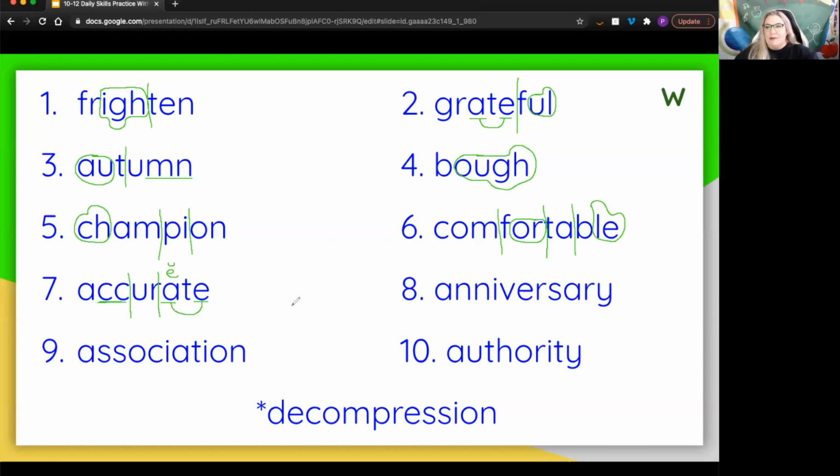In number 8, I see 2 N's that need to go together. I also see an a right here, and this might be an a too. Now it could also make 2 different sounds. It could be a short a or it could be a long a. So let's see what happens with it. We have an, and then anna, ver, anniversary, anniversary.